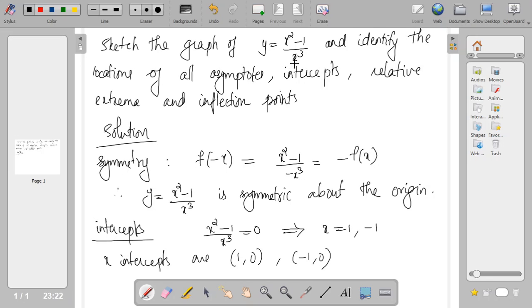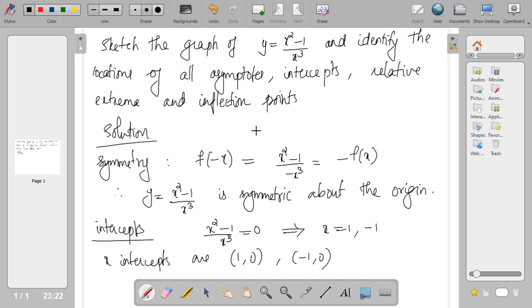When x is equal to 0, y is not defined; y goes to minus infinity in that case, so that is actually an asymptote.